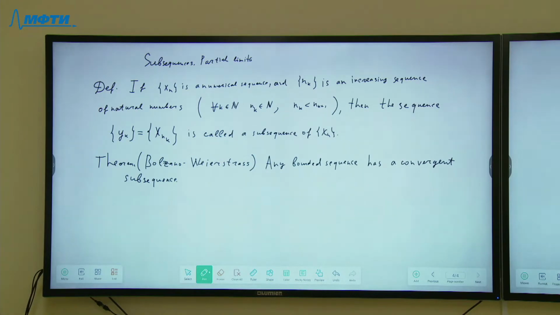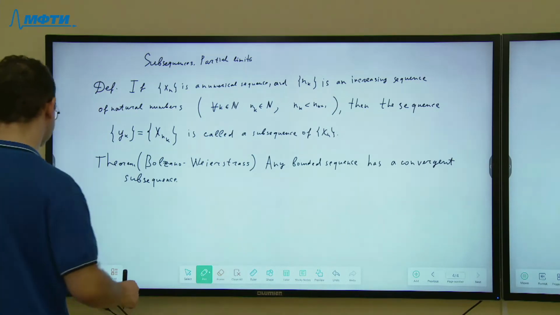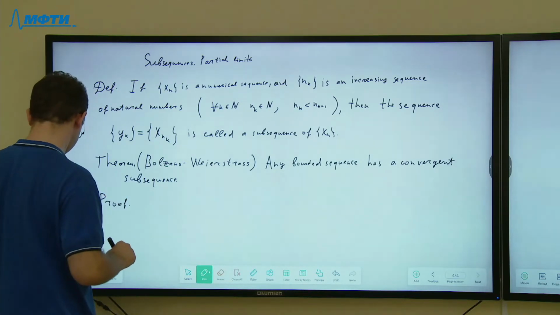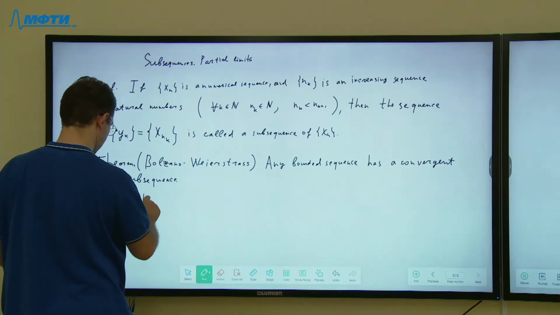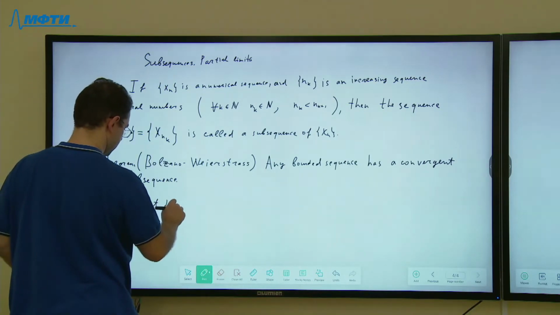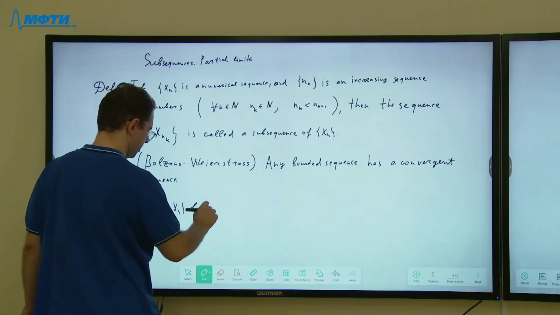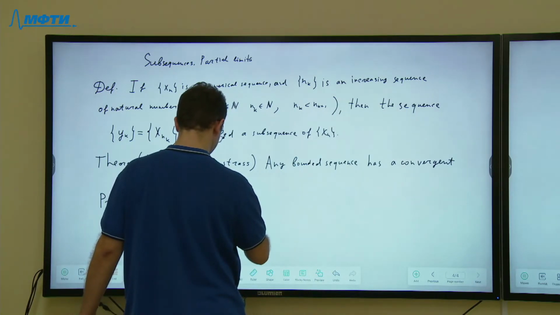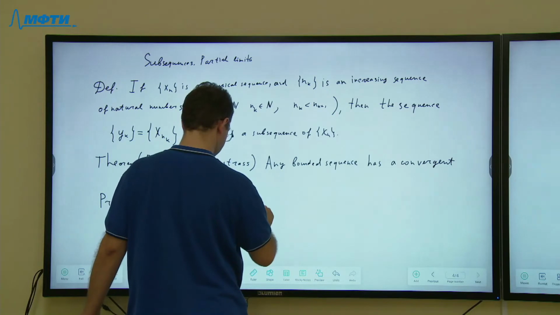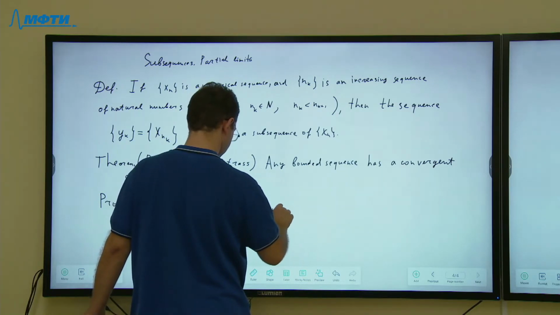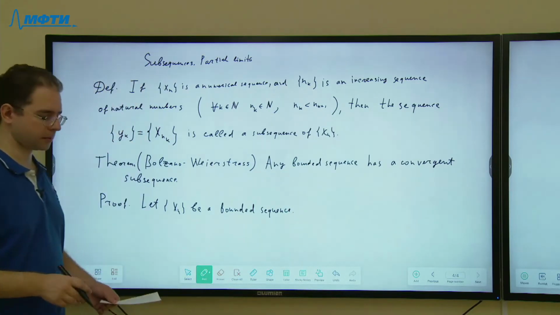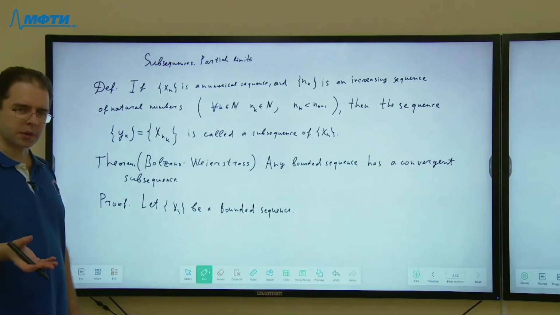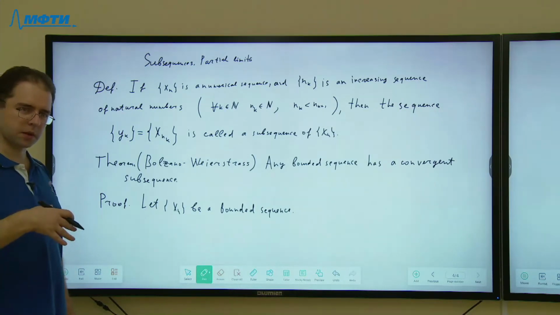Let's look at the proof. So let our sequence x_n be a bounded sequence. Well, what is a bounded sequence? It means it has an upper bound and a lower bound.